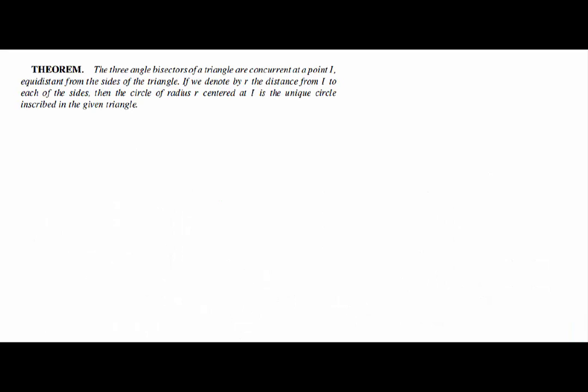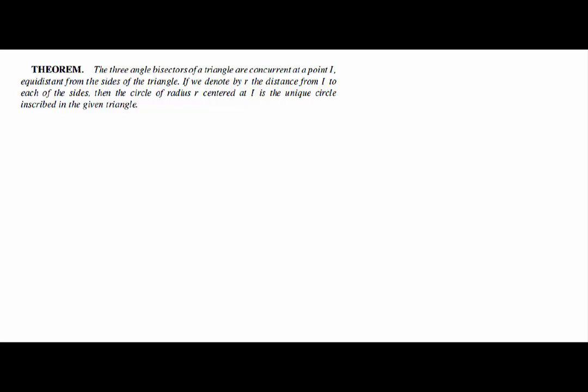So remember that one of the main aims of this lesson is to prove that any arbitrary triangle has a unique incircle. Okay, so in our quest to establish these results, this theorem is of central importance.